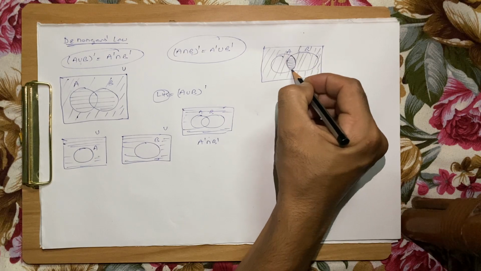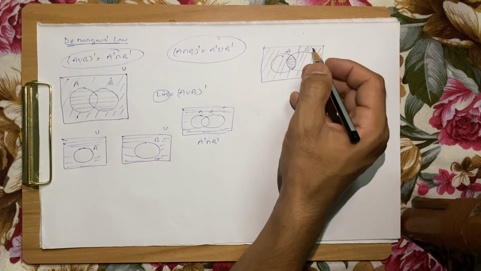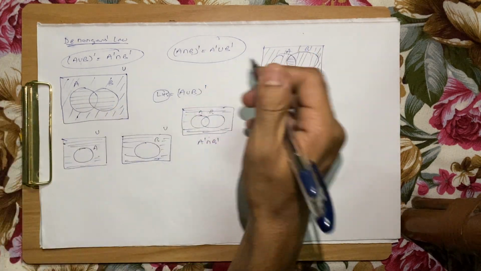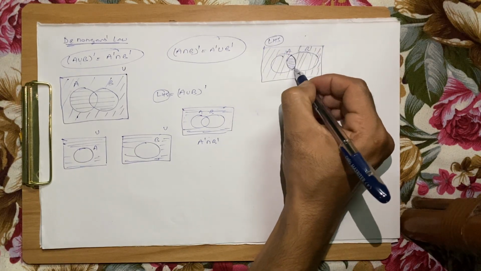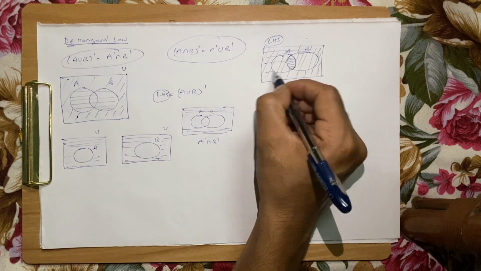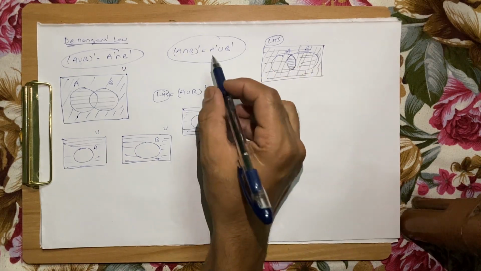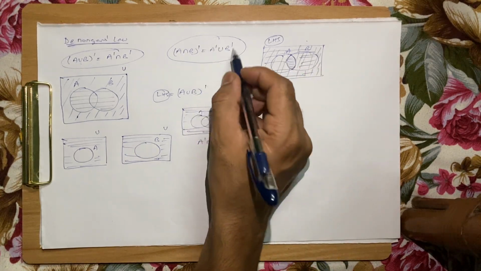Leave this common part, and apart from that, everything is (A intersection B) dash. So this is the left hand side. Leaving this part behind, everything else is (A intersection B) complement.